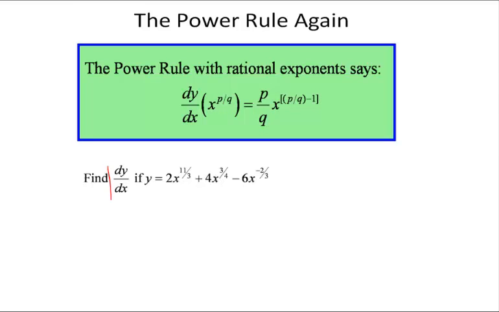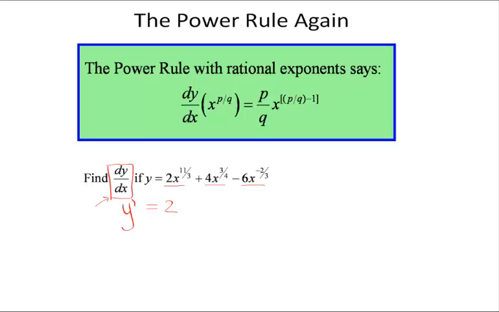So, we haven't talked about this notation yet. Just know that that means y prime. We will see this notation shortly. Find y prime if y equals 2x to the 11/3 plus 4x to the 3/4 minus 6x to the negative 2/3. Well, let's use all of the rules that we know.